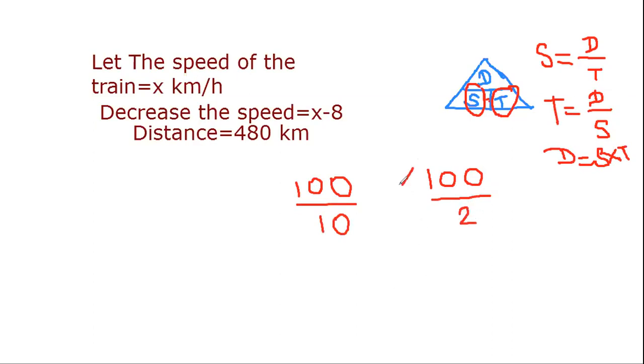Yes, you are right, that one will be greater because it becomes 10 and it becomes 50. Okay, what is the conclusion? If the numerators are the same and the denominator is less, then the number is greater. Okay, we are using both these ideas in this question.